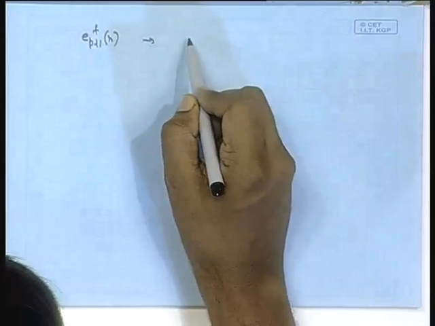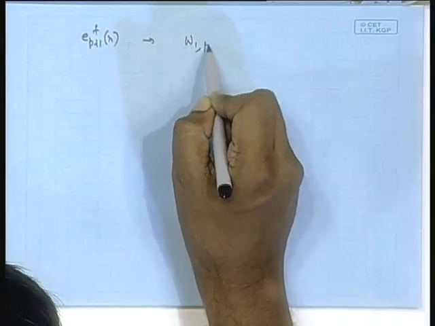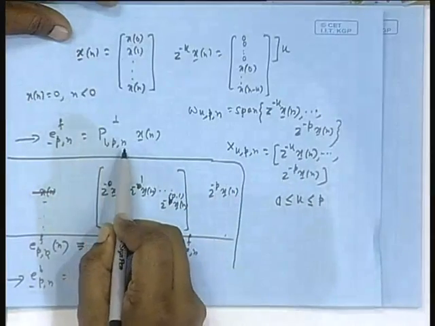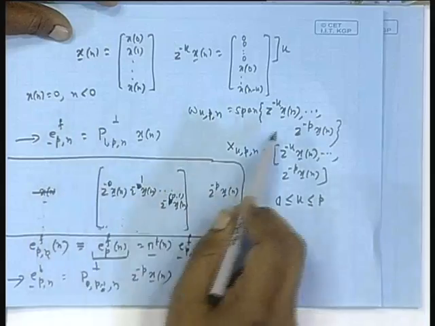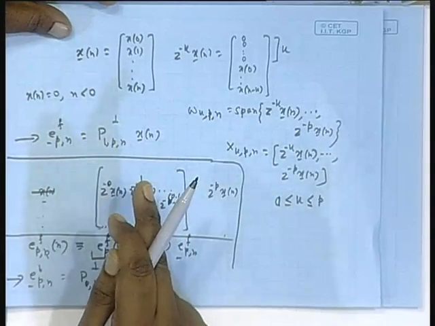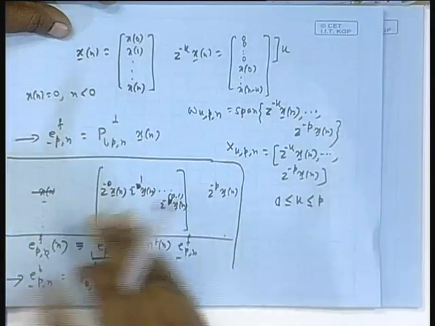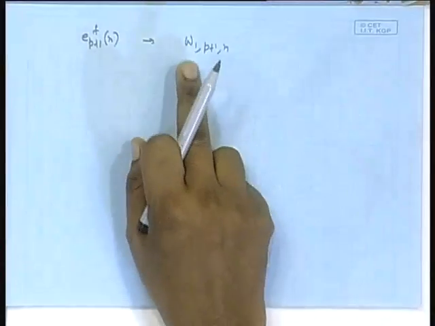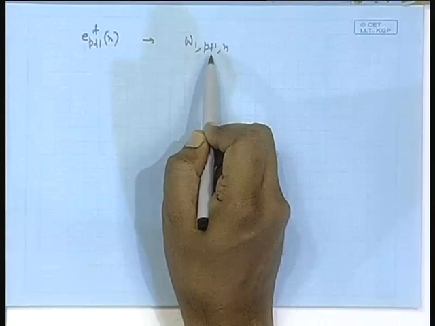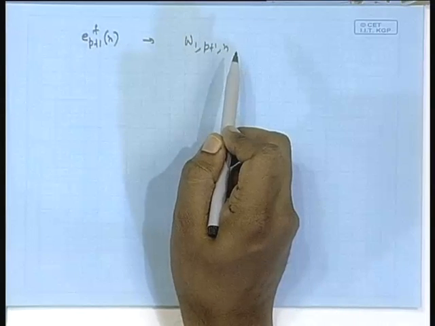For this, what is the space? W1 p plus 1 n, is it? Here I had W1 p n, Z inverse 1 x n, Z inverse p x n, p past terms, p past columns. See it that way, p past columns. Now, I am interested in p plus 1th order. So, Z inverse 1 up to Z inverse p plus 1, isn't it?